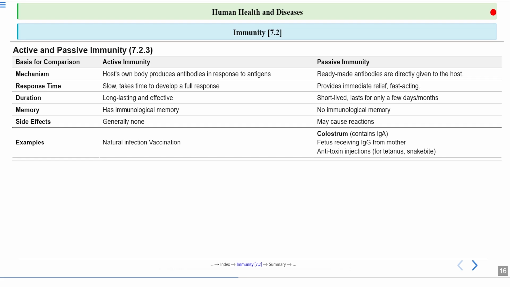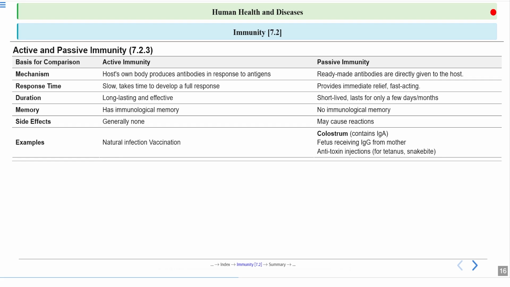Then through the placenta also, the fetus receives IgG antibody. Okay, clear? And then antitoxin injections also, like for tetanus and snake bite, consist of ready-made antibodies against the antigen. Clear? So these are the characteristics of active and passive immunity.